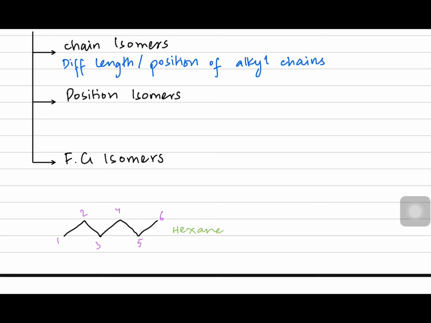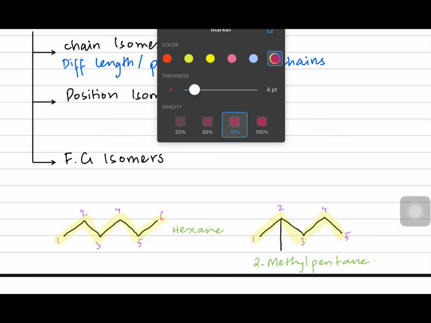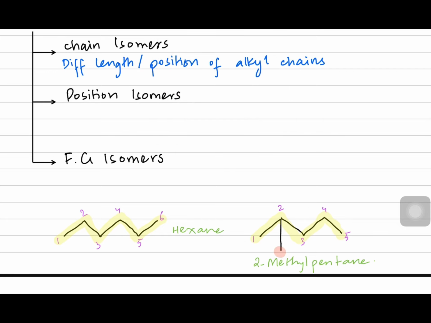But if you had a 5 carbon chain, for example 1, 2, 3, 4, 5, but you had a branch on, let's suppose, carbon number 2, then you will not call it hexane, but rather you will call it 2-methyl pentane. And that is because there is a methyl branch on carbon number 2. In the first case, the chain itself was 6 carbons long. But in the second case, the chain was 5 carbons long and there was a methyl on carbon number 2.